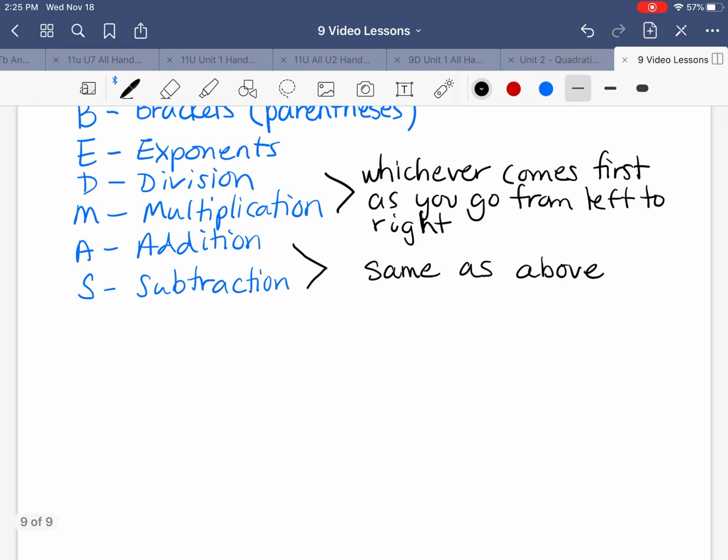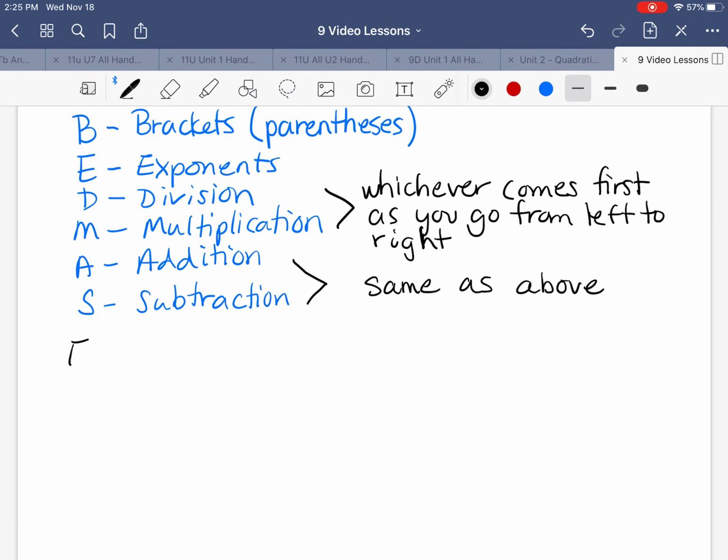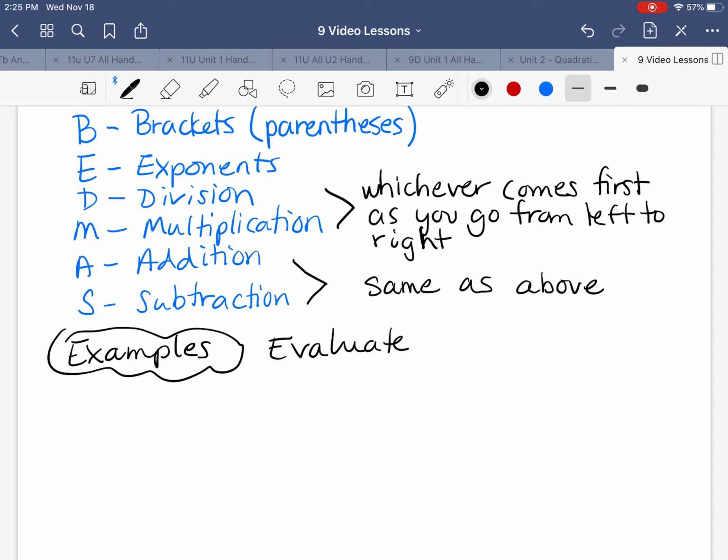Let's work through some examples. So in our examples, we're going to be evaluating, which means we're going to get a final number answer. So our first one, we have -8 plus 6 divided by 2.